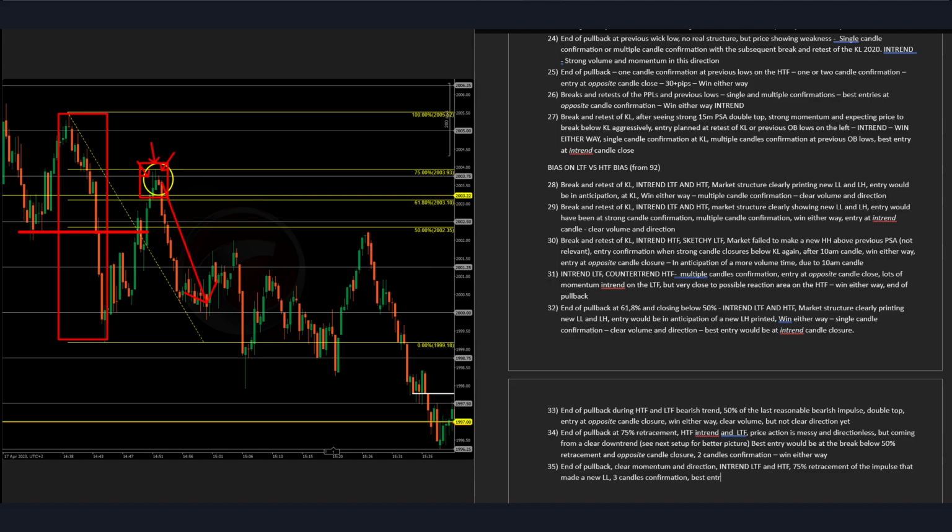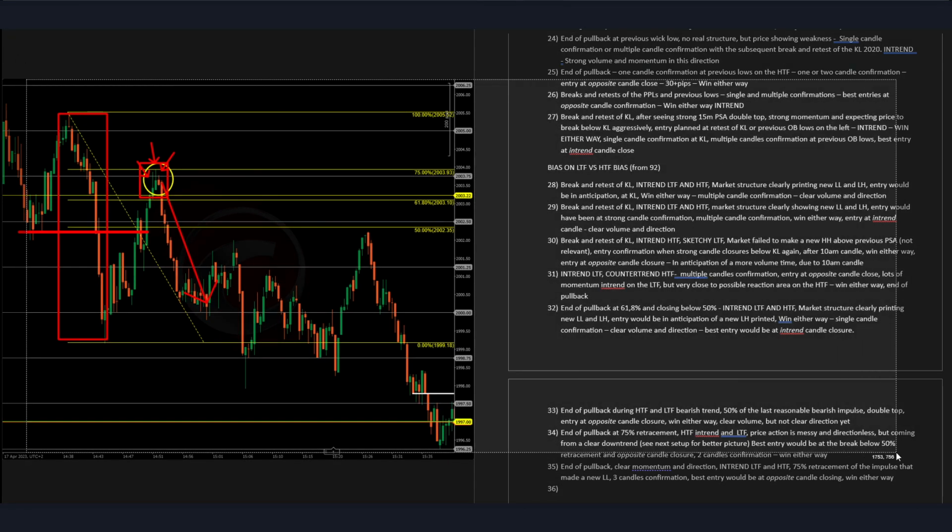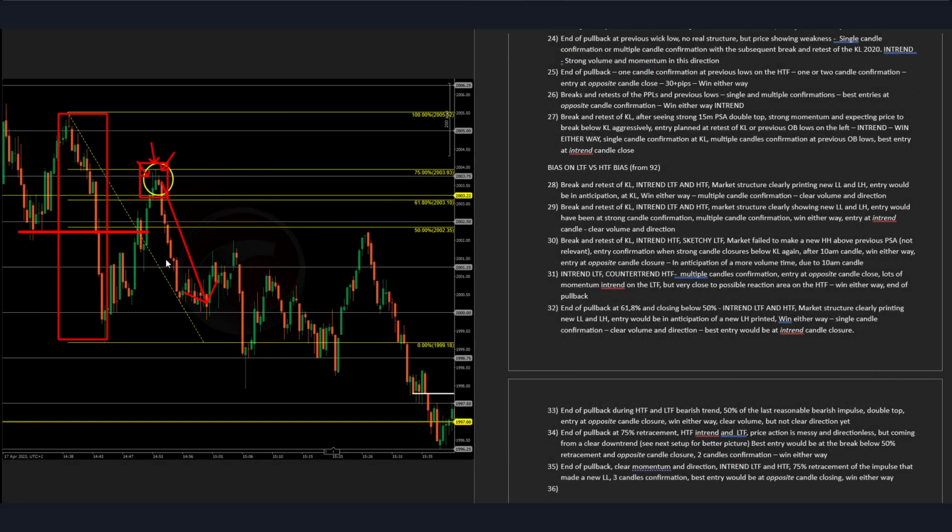Best entry would be at the opposite candle. It doesn't really matter in terms of pips, I would say. This time the candle close is very close, but sometimes when there is volume, the bearish candle is already like this, and you think, okay, it's too late to enter now.